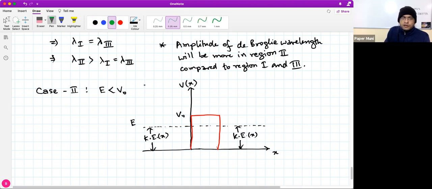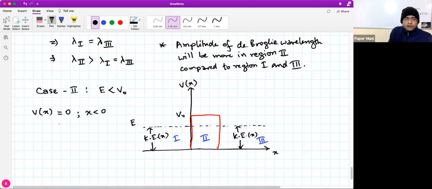Now what we have here is this is 1, this is 2, this is 3. So Vx is equal to 0 for x less than 0, and we have V naught for x lying between 0 and a.